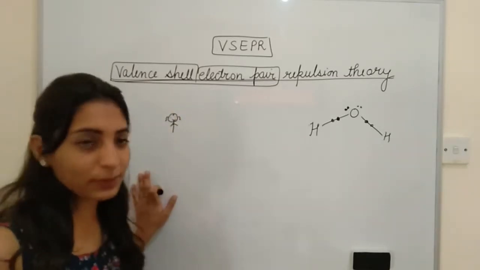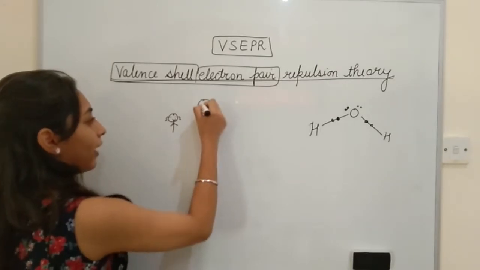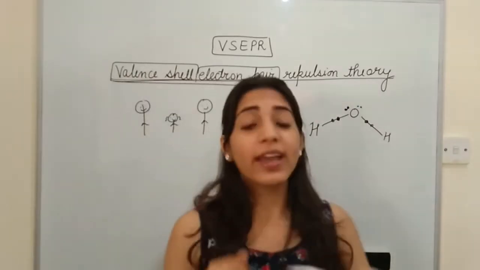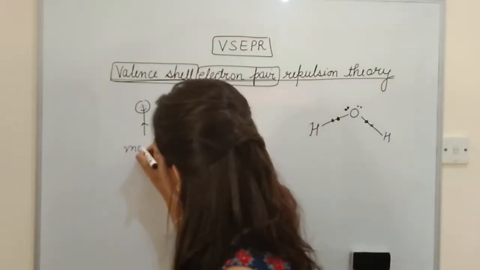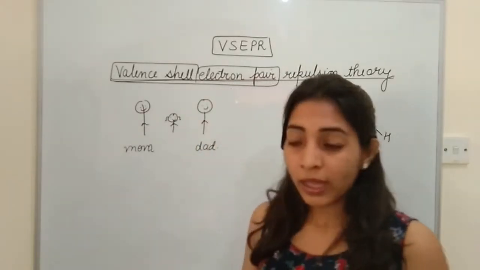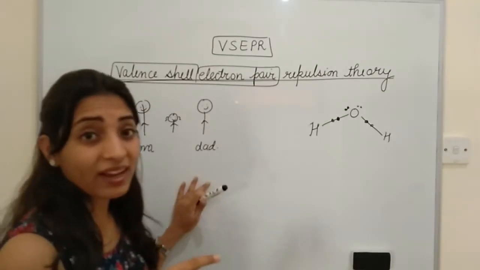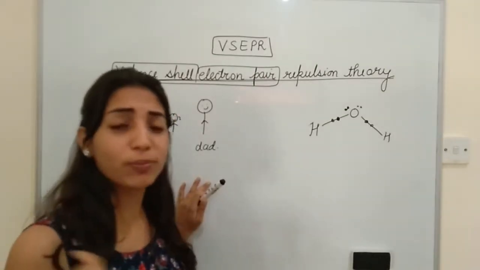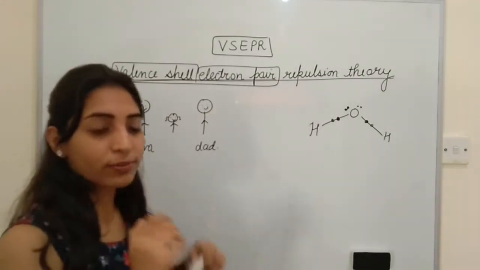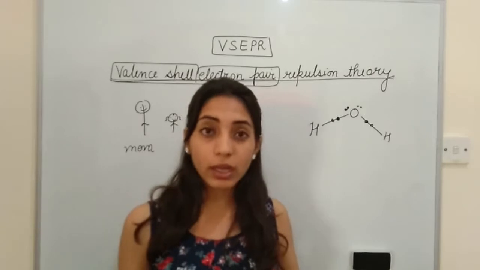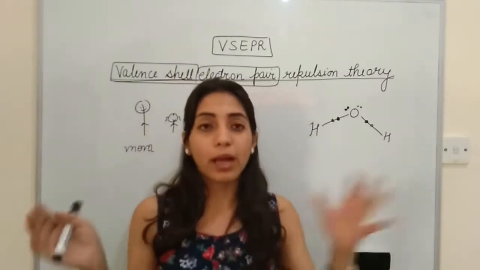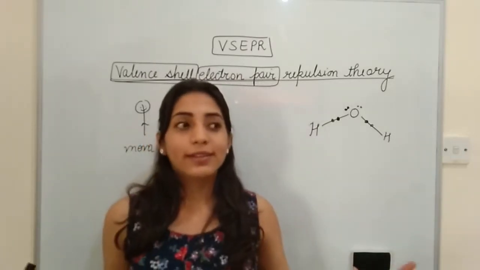Okay, so this is me and this is my dad and this is my mom. Fine. अब होता क्या है हमारे घर पे? When both my mom and my dad are there together with me, तो अगर I say to my dad कि पापा प्लीज़ आज पिज़्ज़ा ऑर्डर कर दो, बहुत तेज़ भूख लगी है, तो my mama, she hears all these things from the kitchen and she starts shouting. अरे ऐसे कैसे पिज़्ज़ा ऑर्डर कर दो, इतना सारा खाना बनाया, आज पिज़्ज़ा ऑर्डर कर दो, blah blah blah, and she starts telling all these things.